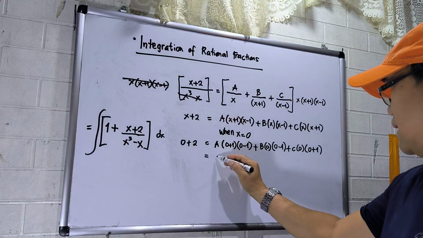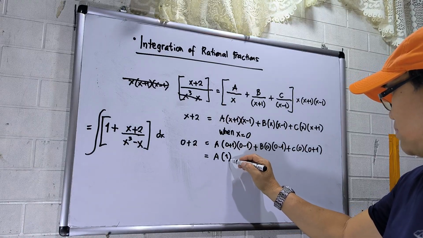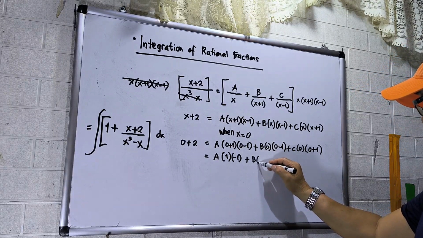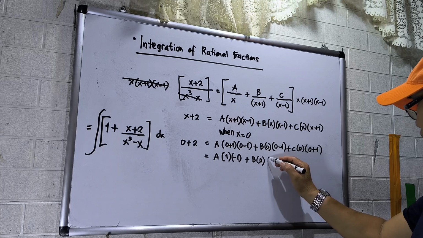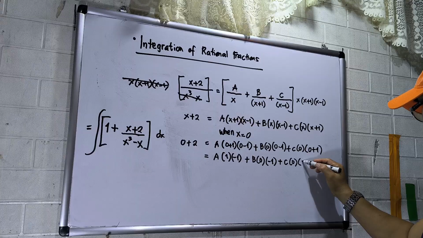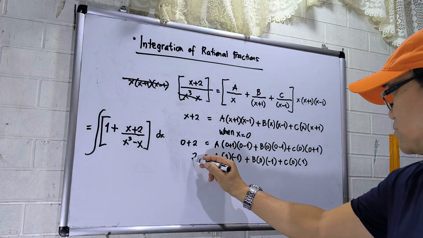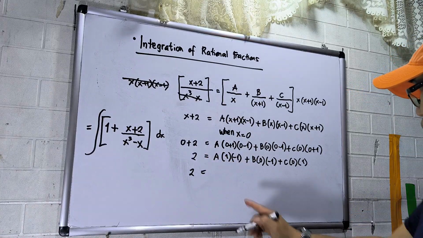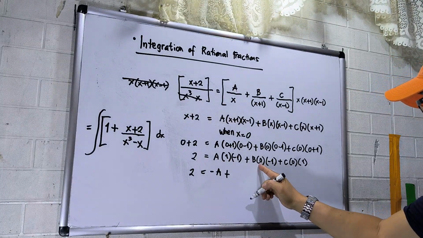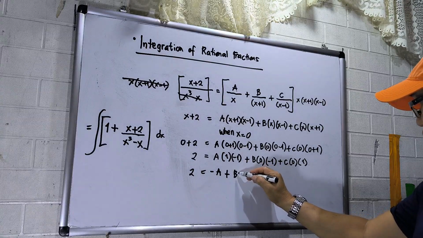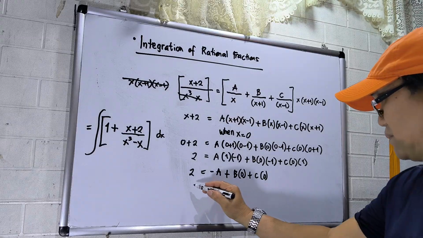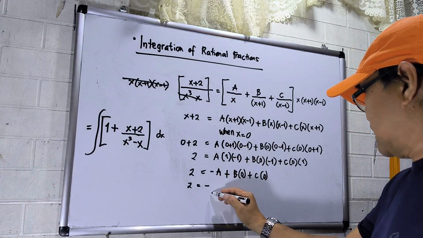So 0 plus 1 is 1, and 0 minus 1 is negative 1, so that is 2 equals negative A. Then plus 0 times negative 1, that is B times 0, and 0 times 1, that is C times 0. So I have now 2 is equal to negative A.